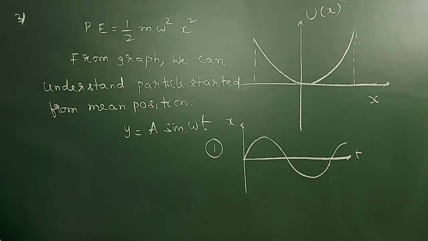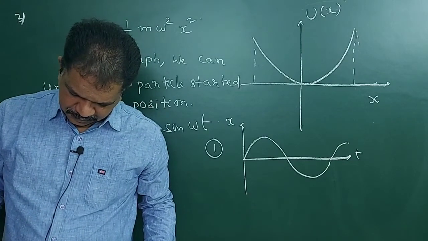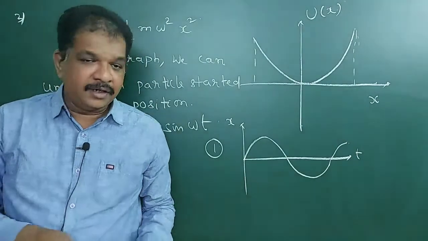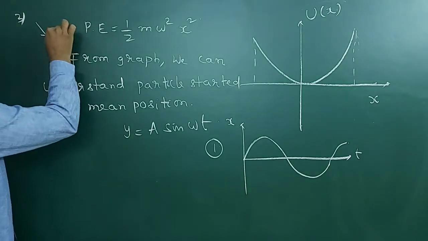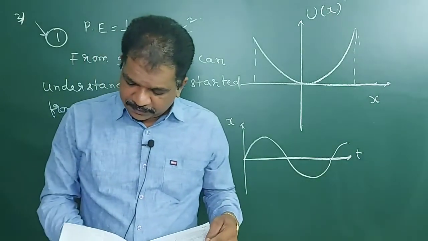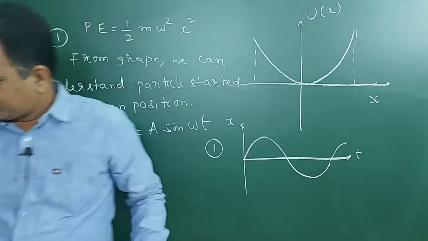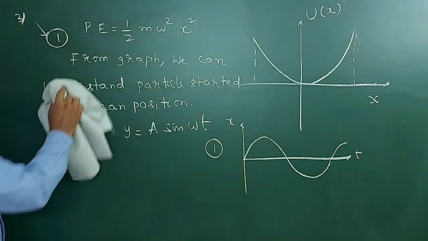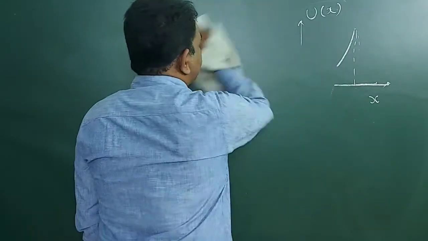Between position and time they draw the graph. So third question, it will be first option. I think they gave wrong option for this also. Modify it as first option. Next. See the fourth question.